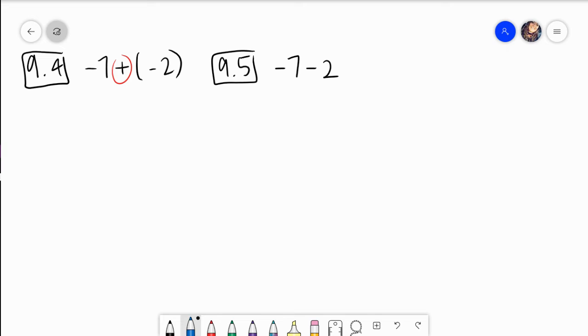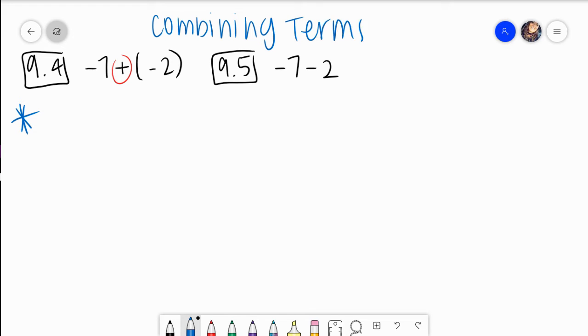Okay, so I'm so sorry. Let's go ahead and write our rules. My first rule, okay, so y'all, this is technically combining terms. This is sum and difference.